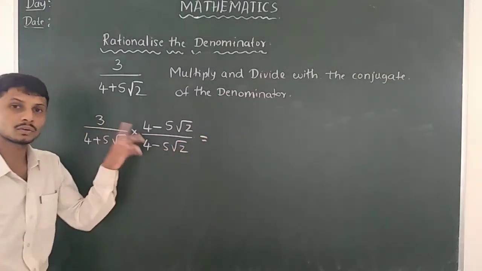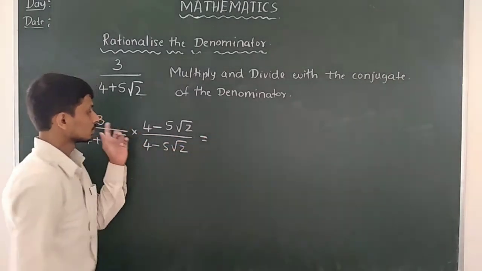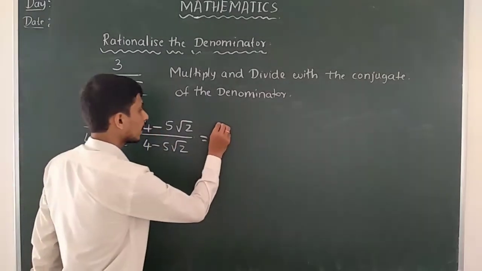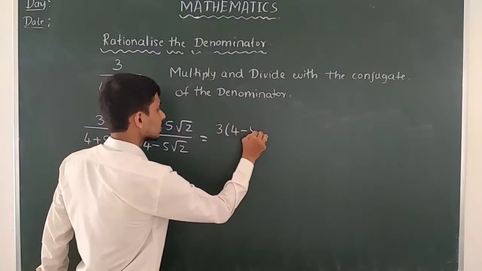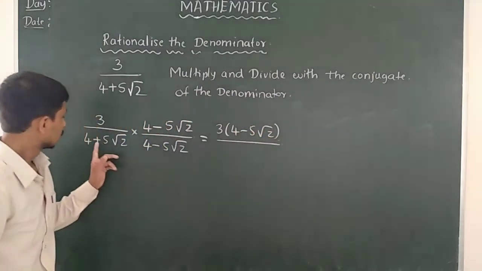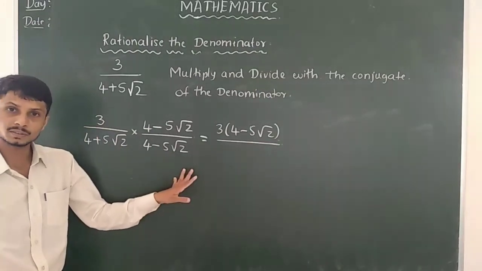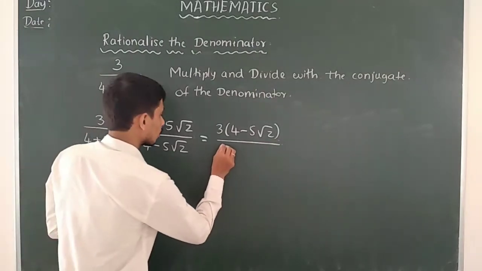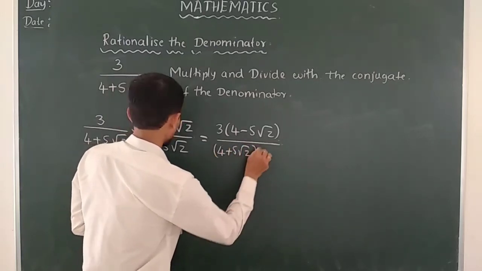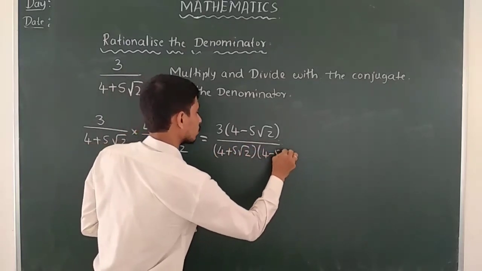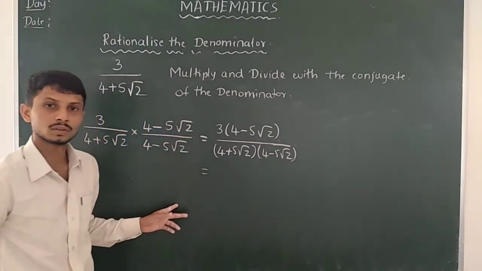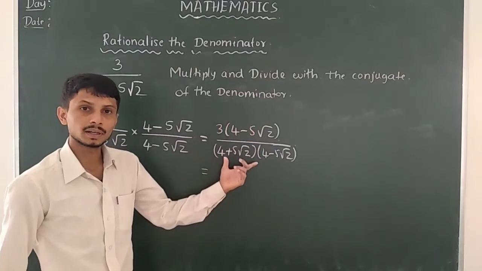So we have to multiply this. This is a single number and this is the two-term number. We have to multiply 3 into 4 minus 5 root 2, divided by 4 plus 5 root 2 into 4 minus 5 root 2. Then we take the multiplication.